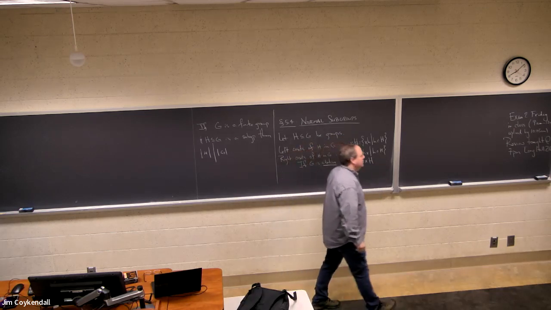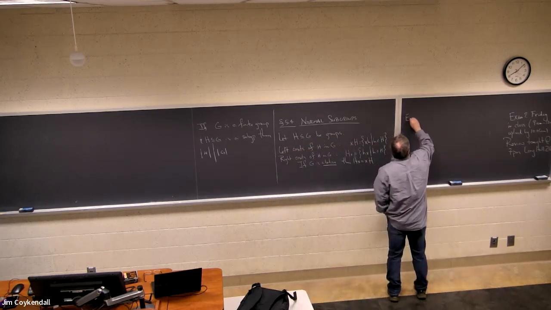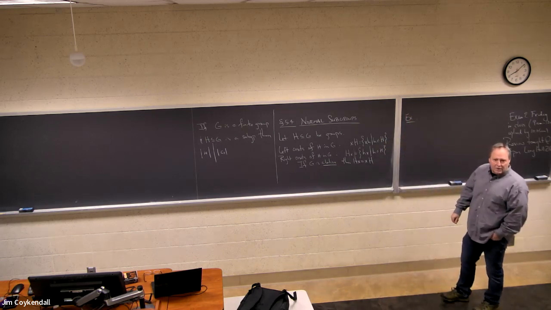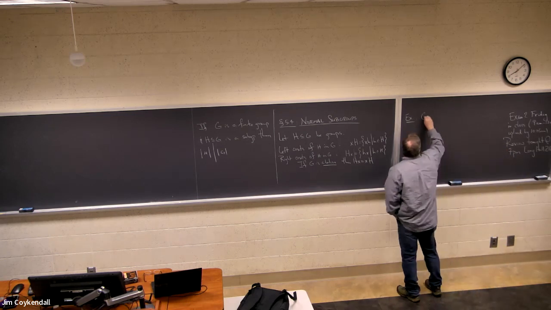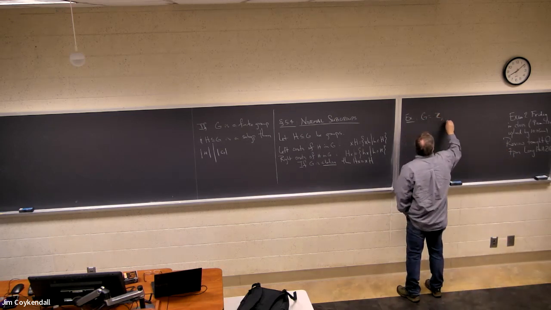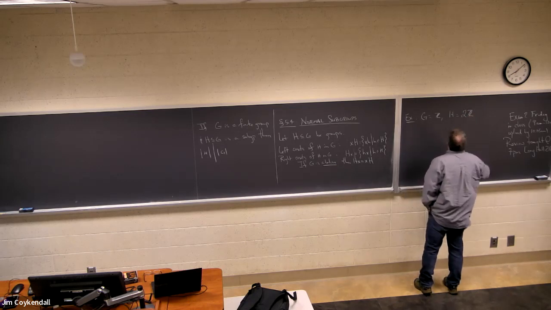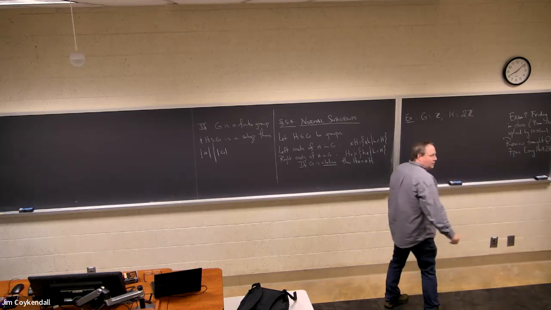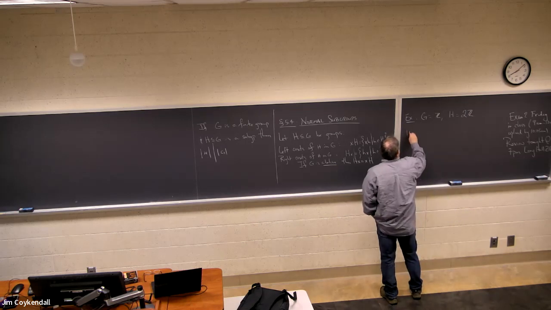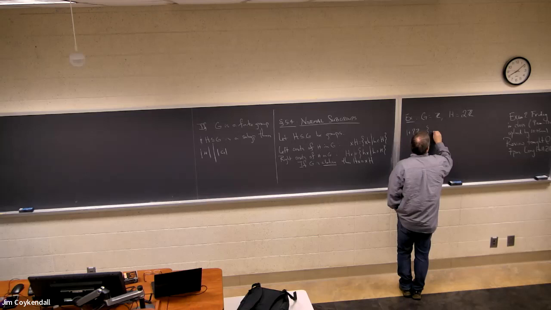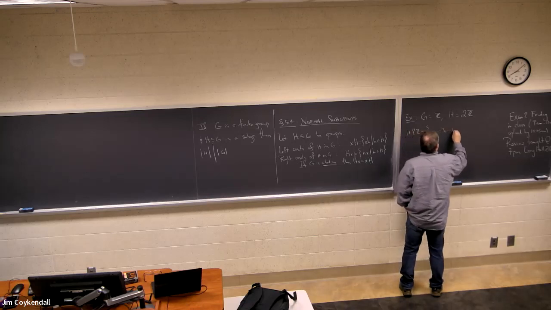So, for example, let me do a coset where we add things. If G is Z and H is the even integers, then the coset, in this case, 1 plus 2Z, is just the set of all odd numbers.